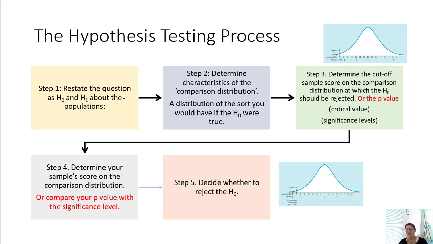Then we determine the cutoff sample score, or we calculate the p-value, and then either compare the cutoff score with the observed standardized score we have got, and if the observed score is more extreme than the cutoff score, we reject the null hypothesis. Or we compare the p-value with the significance level, and if the p-value is less than the significance level, then we reject the null hypothesis.